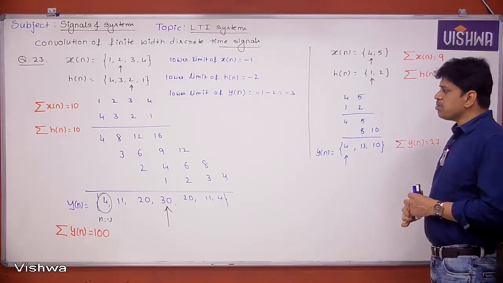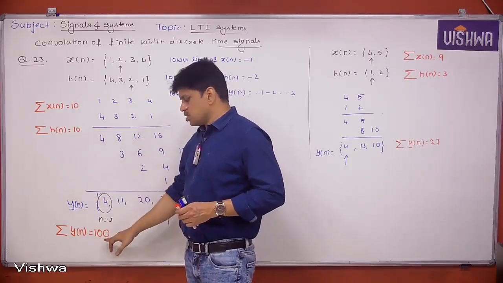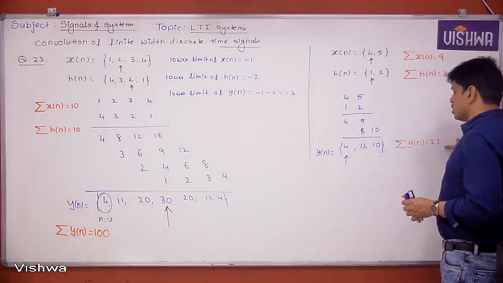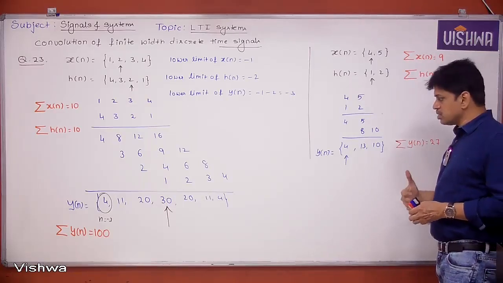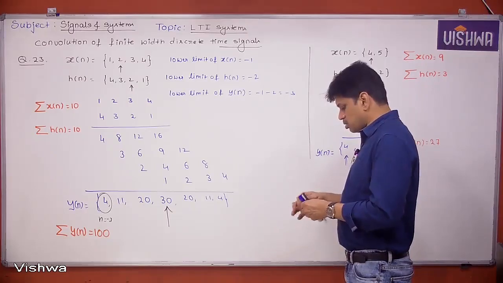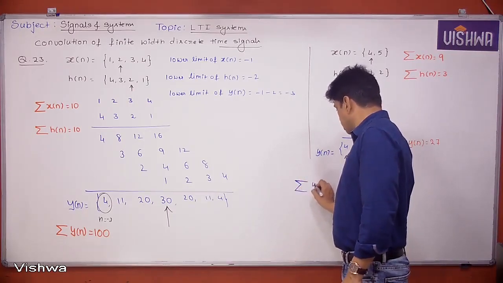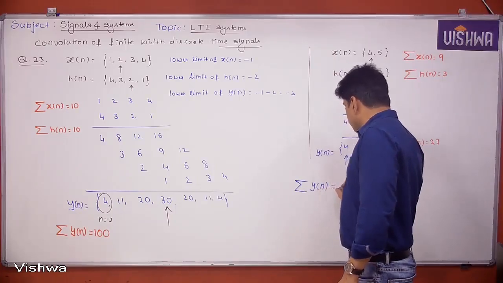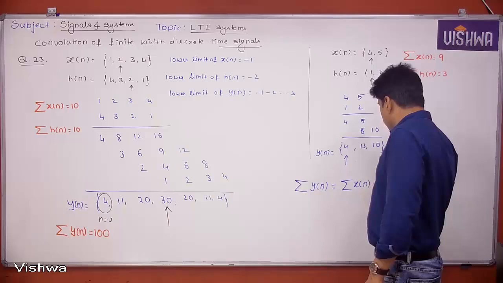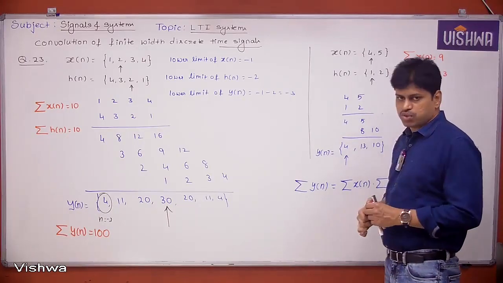So I want to make an observation here. 10 multiplied with 10 is going to give you 100. 9 multiplied with 3 is going to give you 27. So the statement I want to make is, the summation of y of n is exactly the same as the summation of x of n multiplied with the summation of h of n. This is a statement we have to remember.